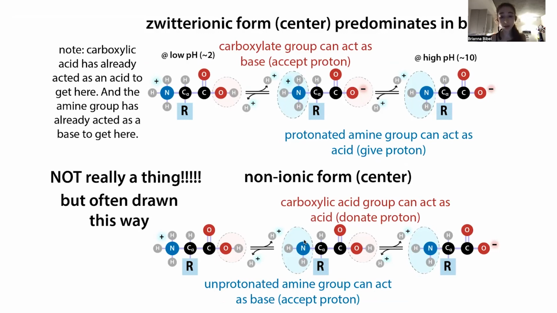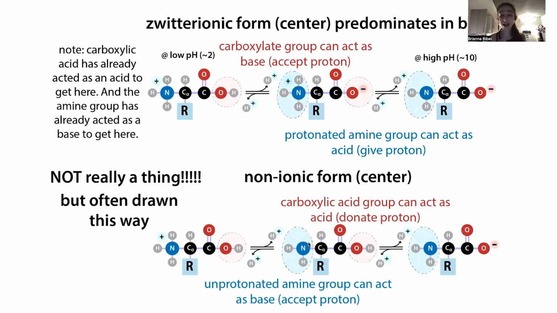Why is this wrong? It's because the nitrogen wants the proton a lot more than the oxygen wants the proton. In its carboxylic acid form, this oxygen is really happy because it's resonance stabilized, all's good. If it protonates, it's going to lose that resonance and it's not going to be as happy. So it's not going to take protons unless there's a ton of protons available, which means a really low pH.